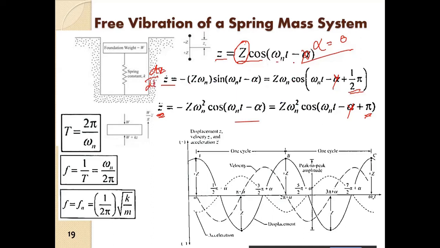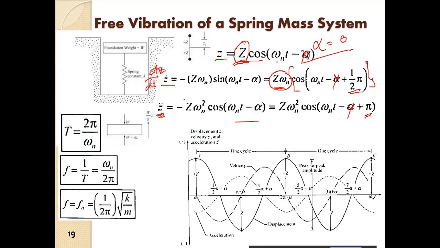When we differentiate, omega n will come out. So here you see this is the cosine function and this is the maximum value of the velocity, Z omega n. That is the maximum velocity of the particle, the amplitude of the velocity phase. So this is the amplitude of the displacement and this is the maximum velocity.